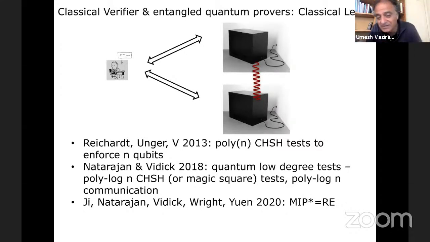And then, of course, there was the more recent breakthrough, which takes this to the ultimate level by showing that you can use only a constant amount of communication.